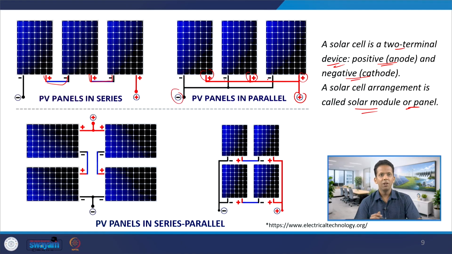Now, if you have to do series parallel, there are two ways. You connect positives together and negatives together, and connect them in series.